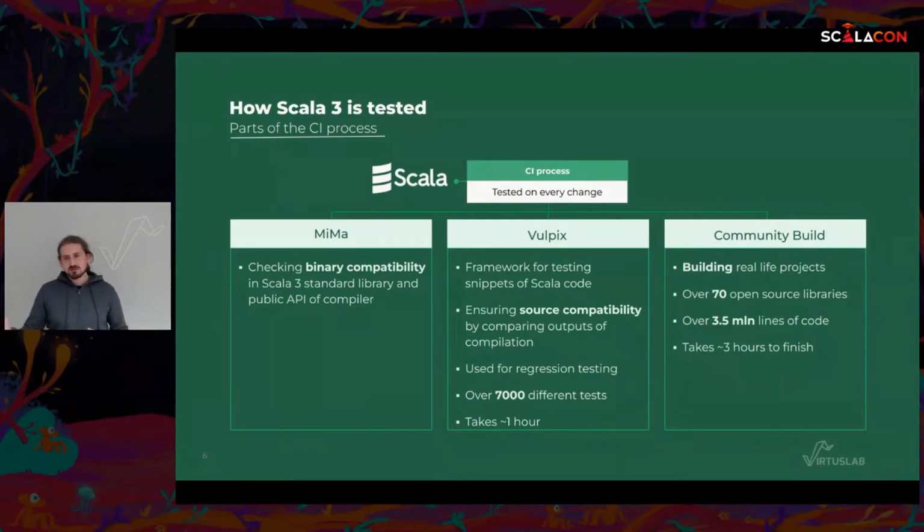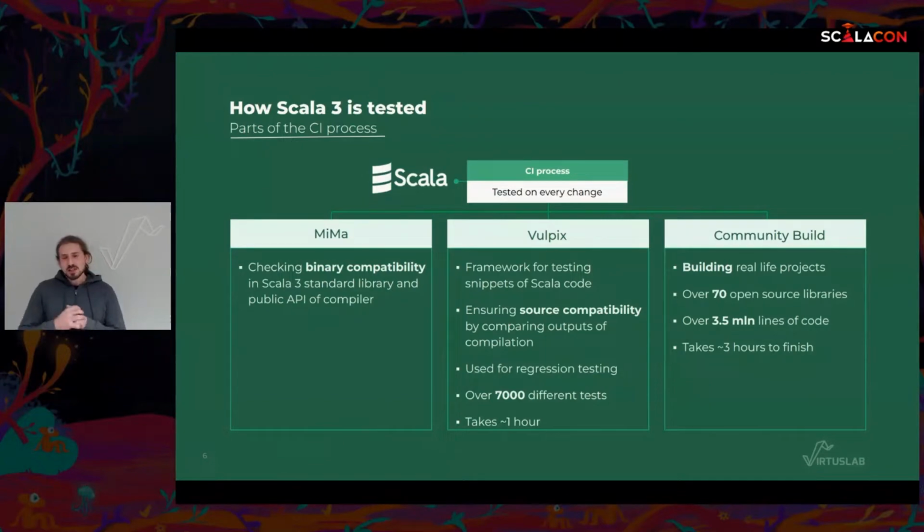But maintainers and creators could introduce some new ways of interacting with the language, which might work in the previous version of the language, but fail in the newer ones. So that's quite dangerous, and we wanted to eliminate this.